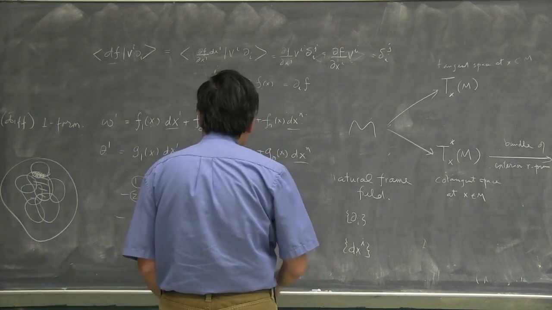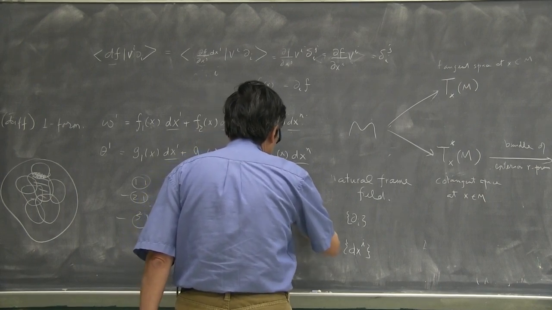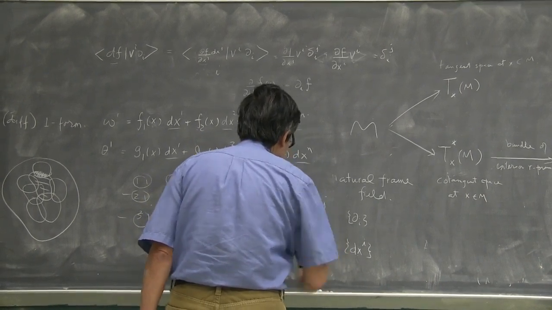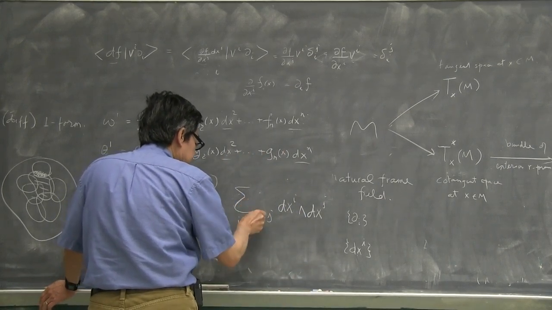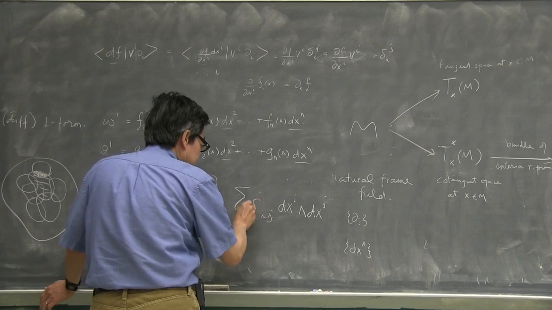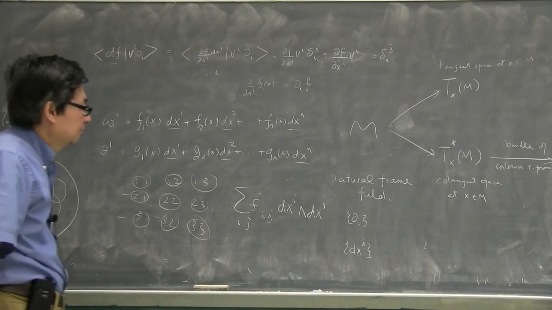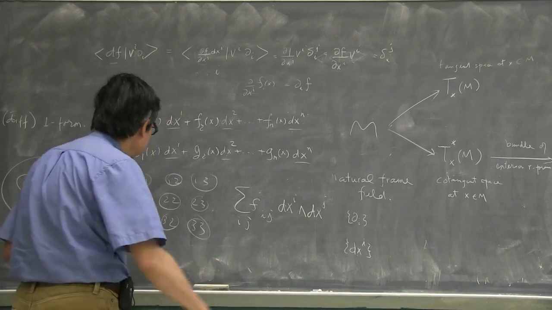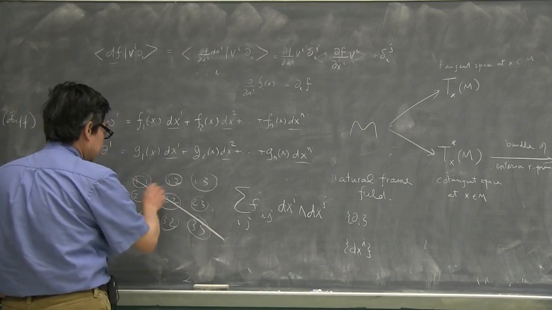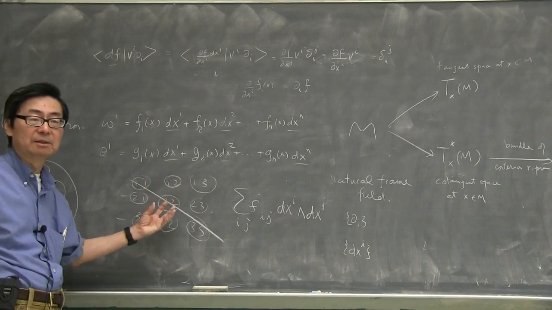And so I write the whole thing as summation over ij dxi wedge dxj, and then simply with something that has the two indices like that, okay? Let me just call that fij. If I put the unrestricted sum in here, I would still have all the 6 terms, 1, 2, 3, 4, 5, 6, but there are only 3 that are linearly independent, right?